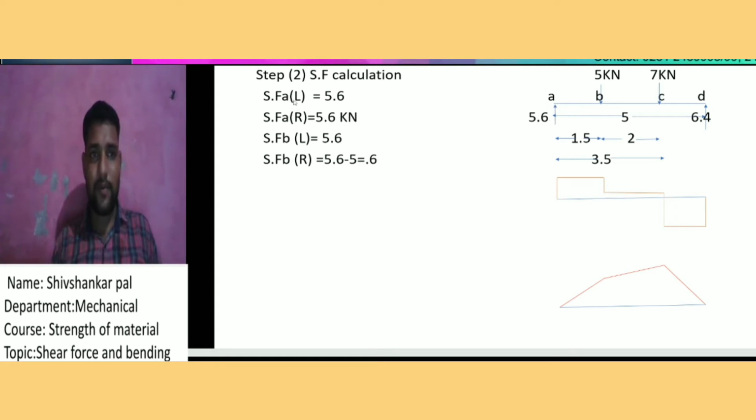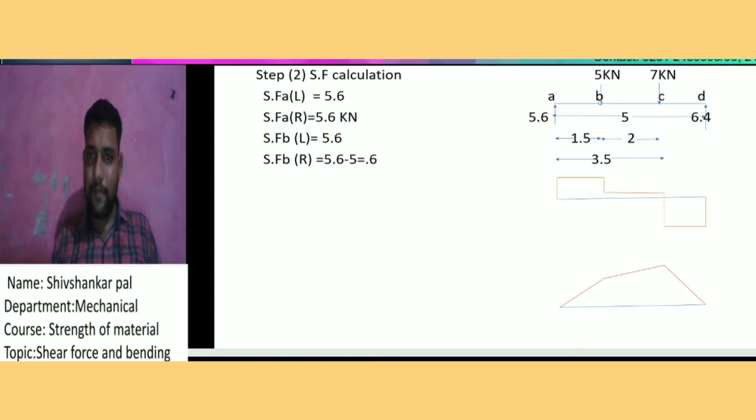So our shear force at point A left hand is equal to 5.6, and the shear force at point A right hand side is also 5.6 kilonewton, since the load distribution and the support are the same: 5.6, 5.6, 5.6.